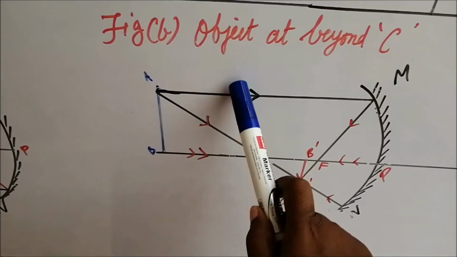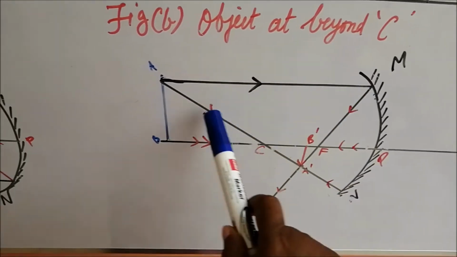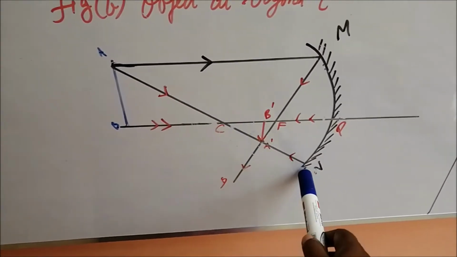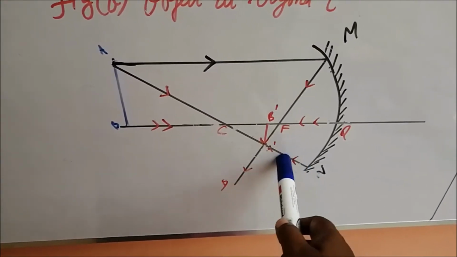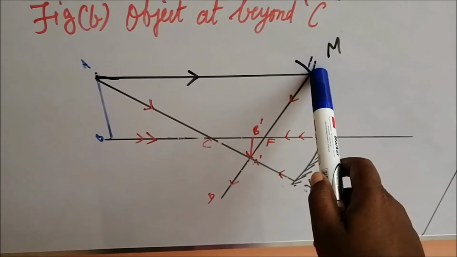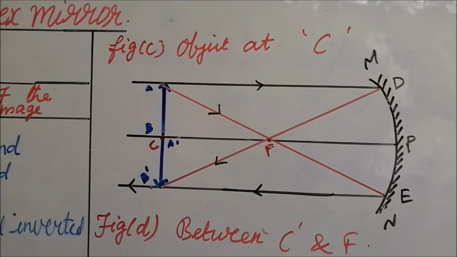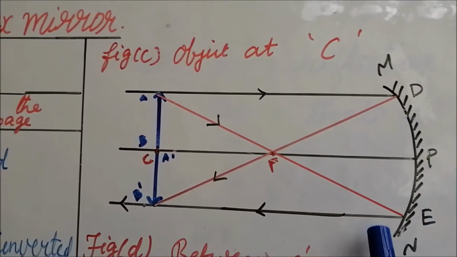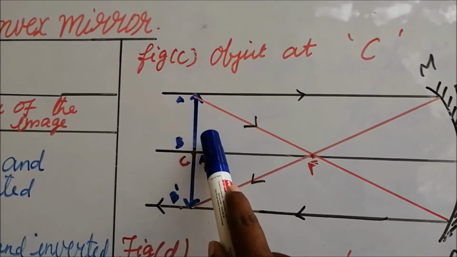So these two rays come from the object. This is this ray and this ray. This ray is getting reflected through the same path, and this ray is getting reflected like this. Figure C represents the ray diagram for when the object is placed at C, that is the center of curvature.